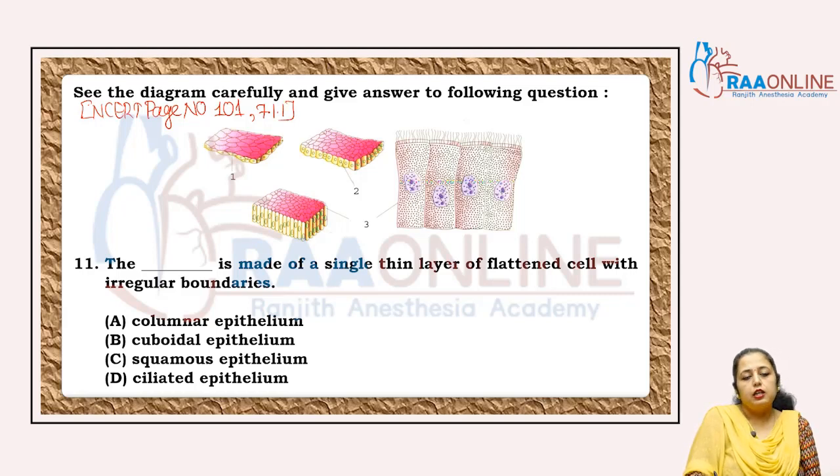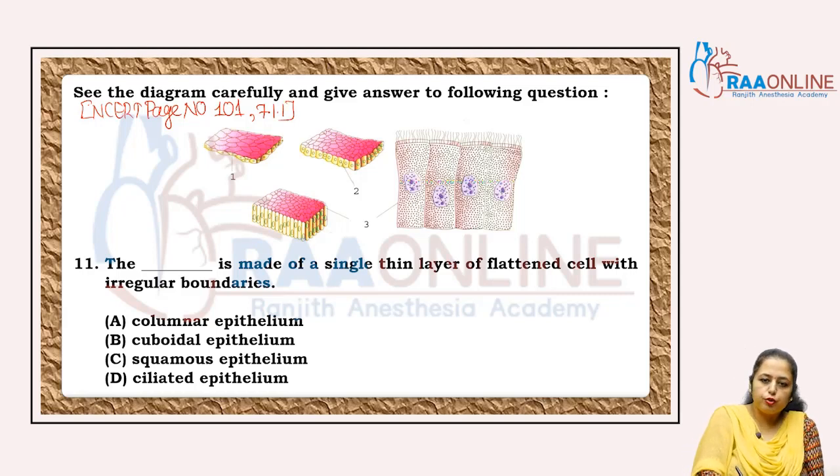These are the diagrams of the epithelial tissue. The first one shows the flattened cell, and flattened cells are present in the squamous epithelium, right? Clear?